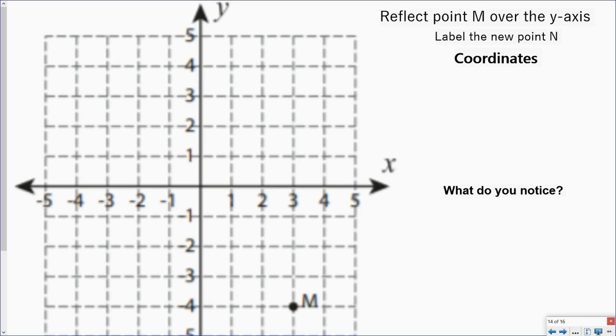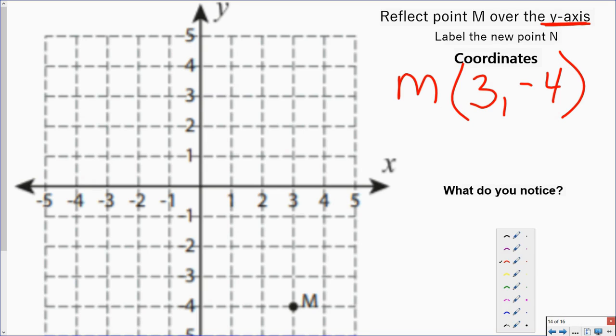Now in this coordinate grid, it says reflect point M over the y-axis. So the first thing I'm going to do is look at point M, and my coordinates for point M are 3, -4. And again, it's going to reflect across the y-axis. And again, remember my y-axis goes up and down.